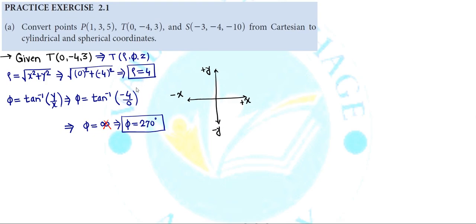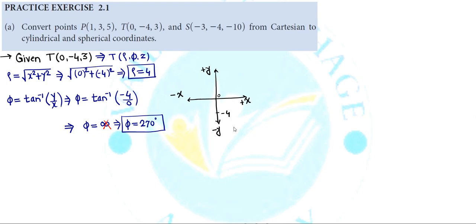Now if you carefully observe your given point, what value do we have for the y coordinate? We have y to be minus 4, and where will that -4 lie? It will lie somewhere around over here. And the x coordinate is 0, so that is over here.